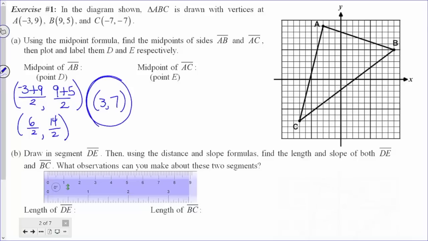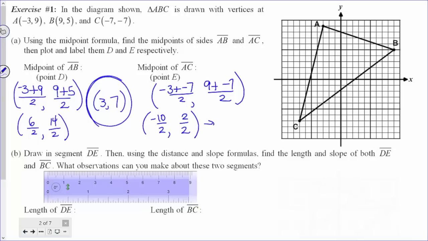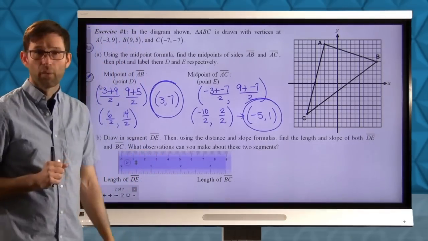The midpoint of AC: that's -3 plus -7 divided by 2, 9 plus -7 divided by 2. That's going to give us -10 divided by 2, and 2 divided by 2, and that's going to give us a midpoint at -5, 1.